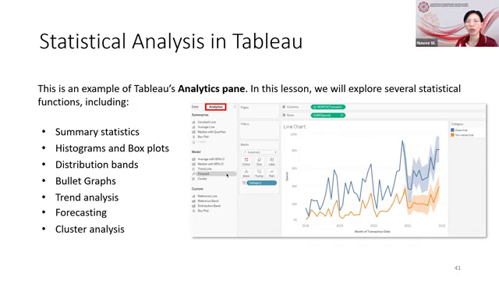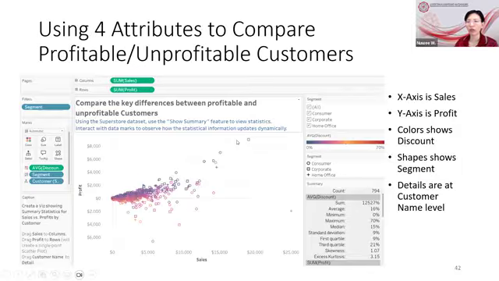We will make a histogram plot and box plot, also do some distribution bands, bullet graphs, trend analysis, forecasting, and finally clustering or cluster analysis. Okay, so let's do the first one.